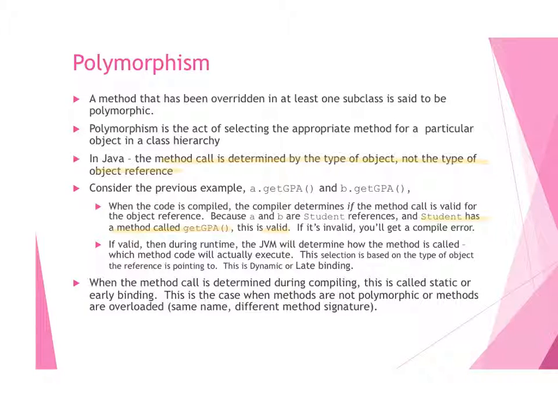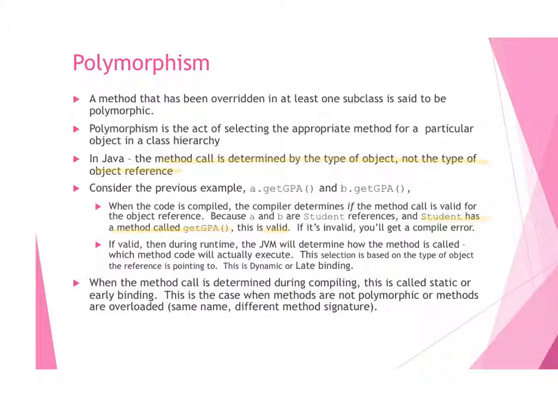Then when the code is actually run, the Java virtual machine is going to determine what object A and B are actually pointing to. Based on what type of object it is, it will look at that class code and determine which version of the getGPA method to actually run.